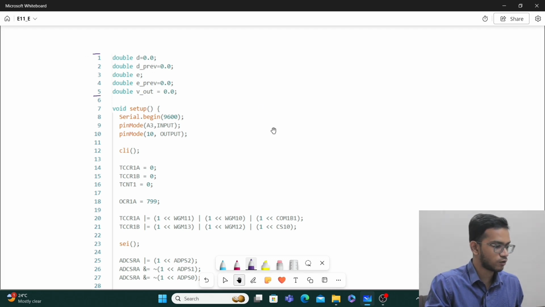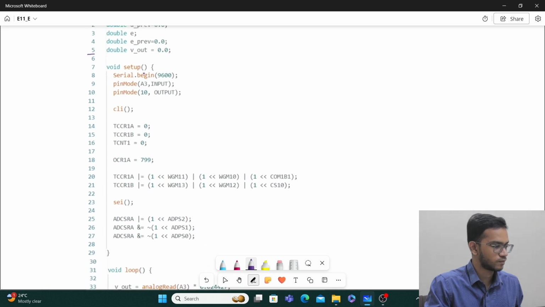This is followed by void setup. We have seen the lines inside void setup in detail in the previous video, when we were talking about reducing PWM using Arduino. However, I would like to give a quick overview.